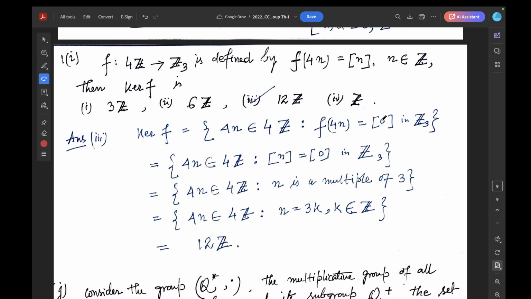So this is the set of 4n belonging to 4Z such that the class of n equals the class 0 in Z3, because F(4n) equals the class of n. In Z3, class 0 means a multiple of 3, so n is a multiple of 3, that is n equals 3k. So 4 into 3k is 12k. So this is the set 12Z. The kernel of F is 12Z. The correct option is 3.